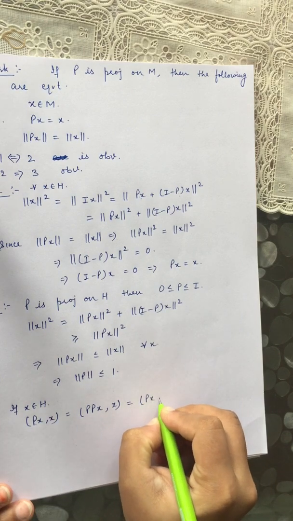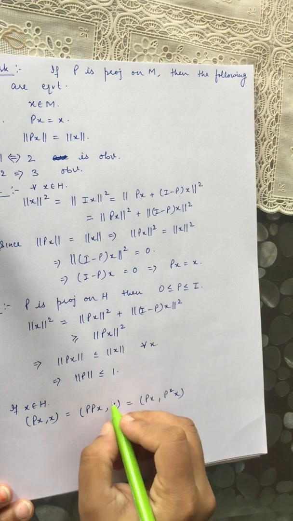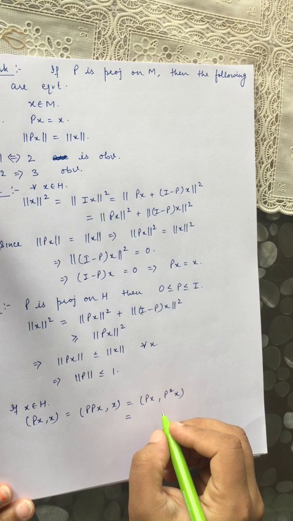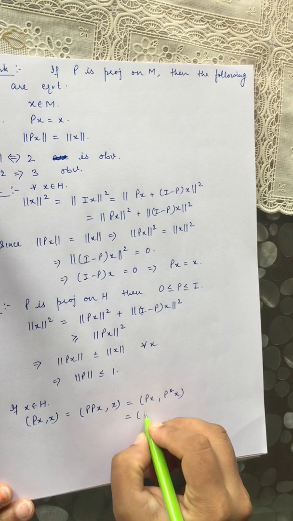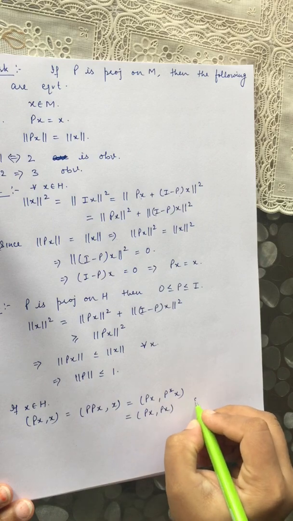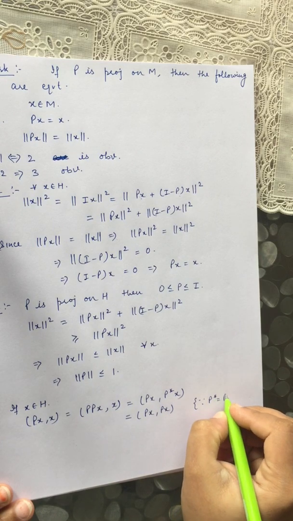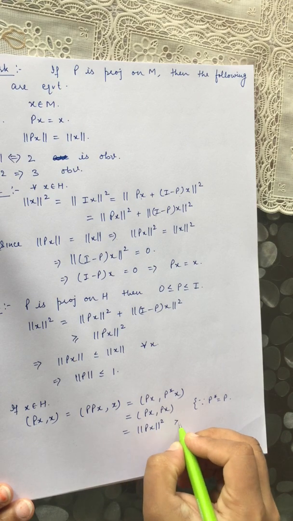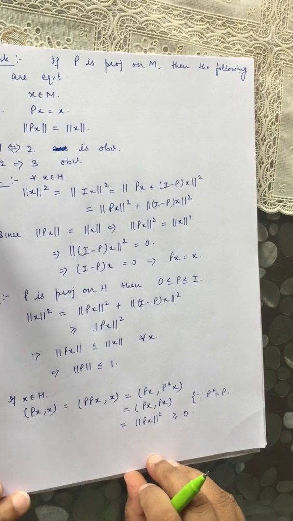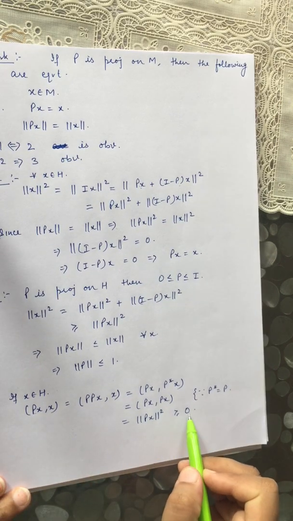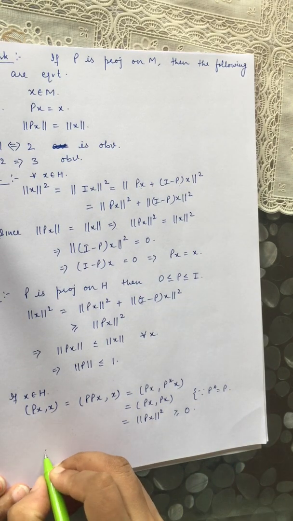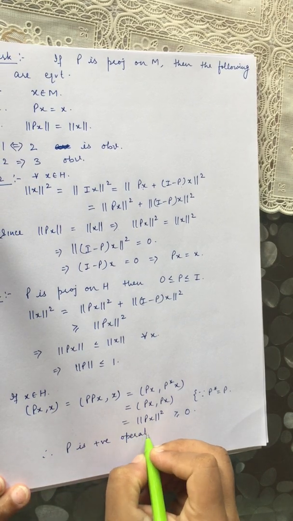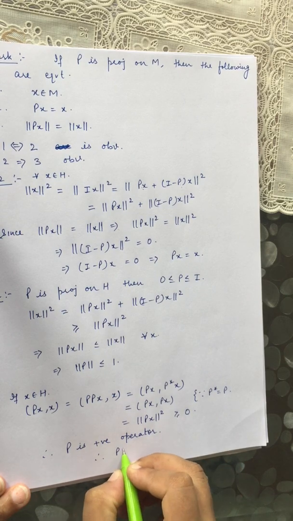Then it is the inner product of Px with P star x, because this P becomes P star here. Now because this is a projection on Hilbert space, we know P star is equal to P. So this is just the inner product of Px with Px, which is norm of Px squared. So this is greater than or equal to 0. So we have proved here that the inner product of Px with x is greater than or equal to 0. That means it is a positive operator. Therefore P is a positive operator, or we can say P is greater than or equal to 0.